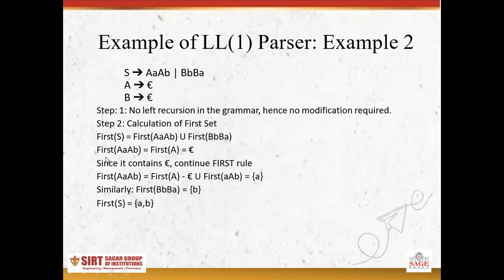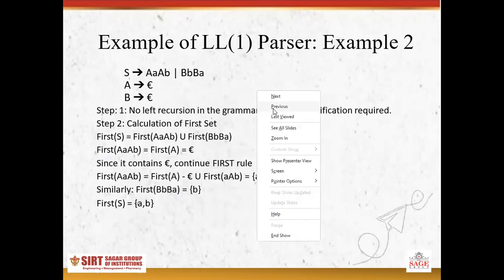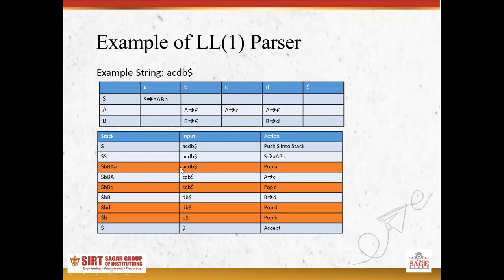Then we check at S. S produces what? aAB. So what is the action performed? At the place of S, what do we put? aAB, in reverse order. Why is it put in reverse order?